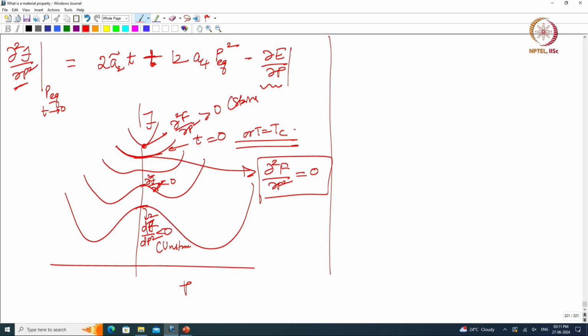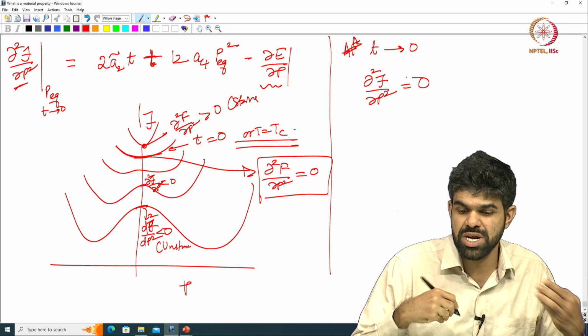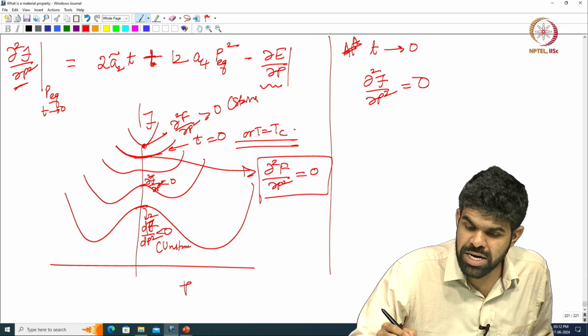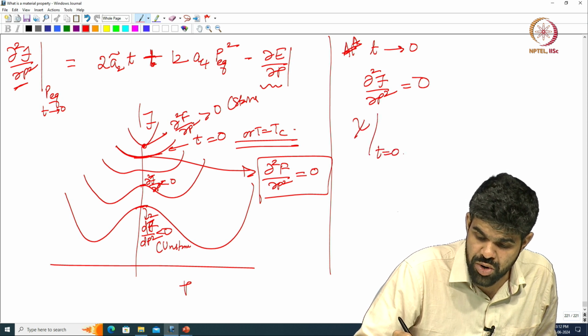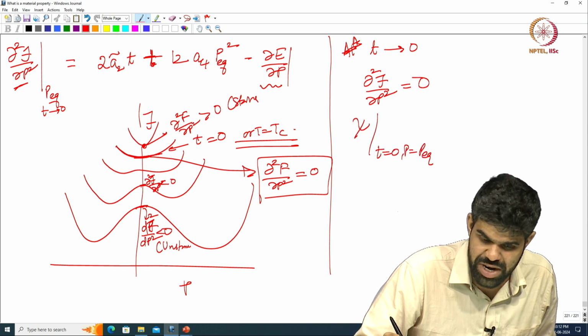So, as a result, at Tc, as T goes to 0, I am going to say that dou 2 F by dou P squared is equal to 0, right. So, I am going to just calculate the susceptibility as T goes to 0 and at P equal to P equilibrium.